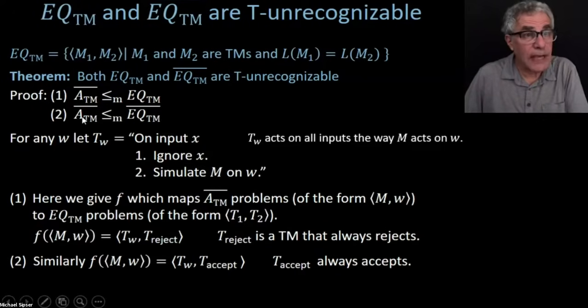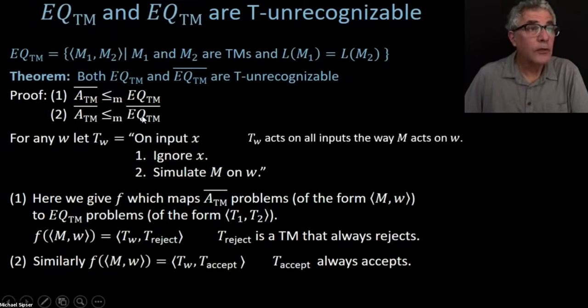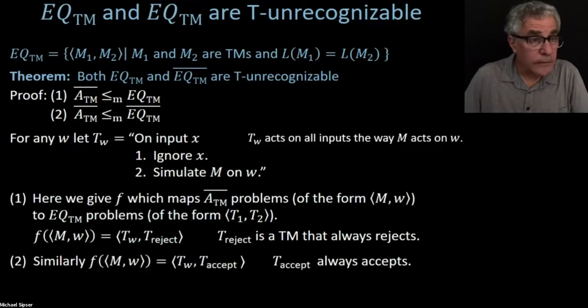When M accepts W, the two machines should be equivalent, because when we're not in the complement language, so we're in ATM, we want to be not in that language, so we should be in Eqtm. So when M accepts W, we should be equivalent. When M rejects W, we should be inequivalent. That's what we want.